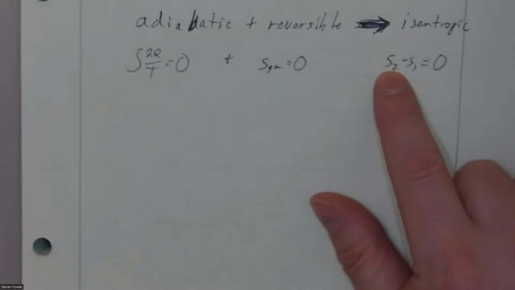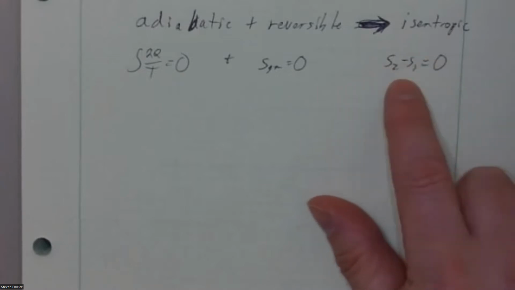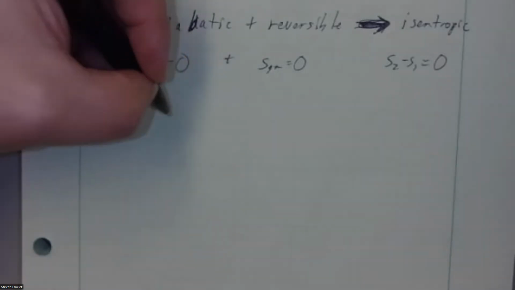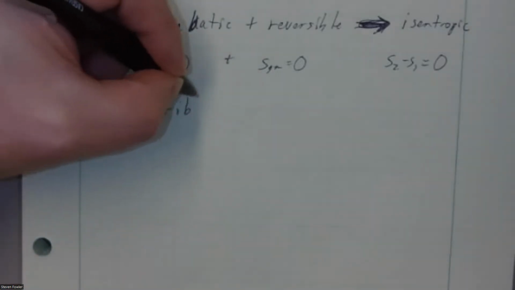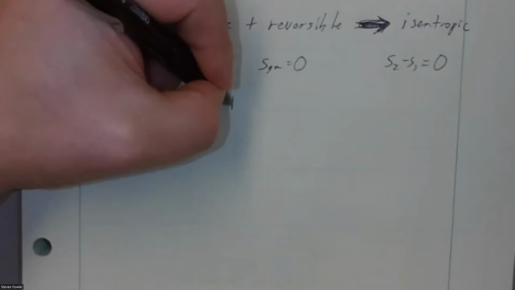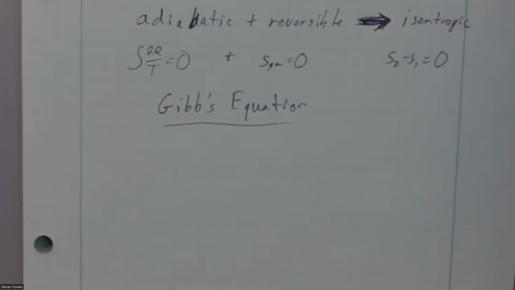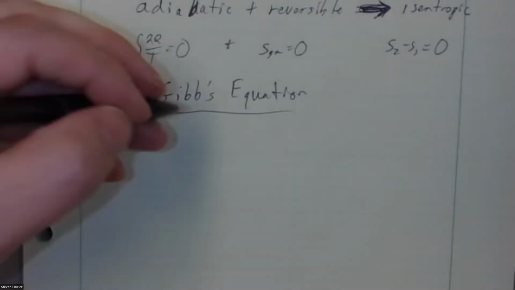If it's isentropic, this gives you a second property to get from state 1 to state 2 sometimes. Another thing that allows us to determine delta S is the Gibbs free energy equation. That's another tool we can use under certain circumstances to determine delta S.